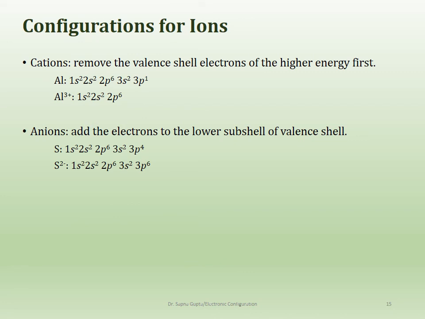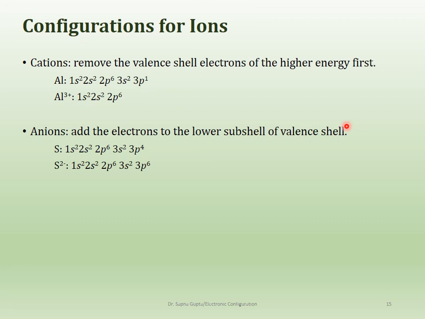In case of ions, you have fewer or more electrons. For example, if you have a cation, then electrons have been given away. The electrons go away from the higher energy level first, meaning valence electrons are given away first. In case of anions, electrons are added, and again they are added in the valence shell. Everything happens in the valence shell.